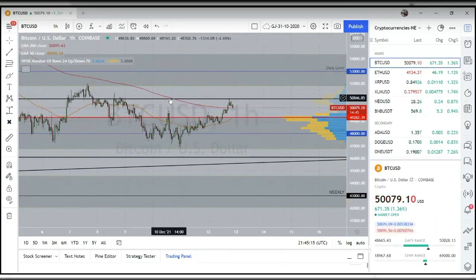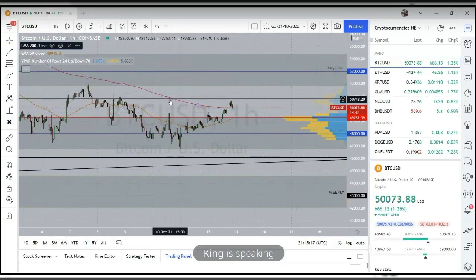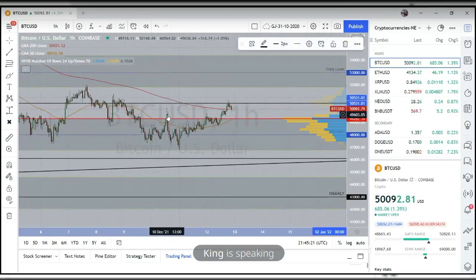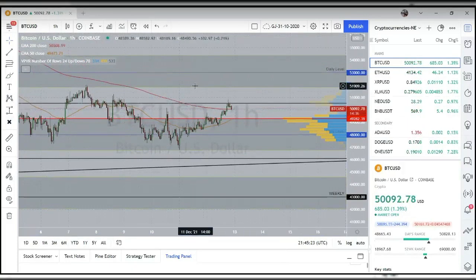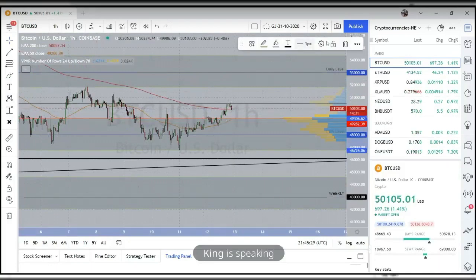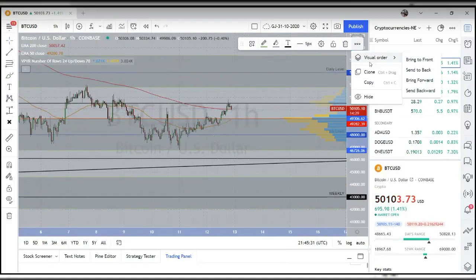No, sorry, it should be a bit lower, somewhere around there. Yeah, this is basically the midpoint of 48 and 53k.